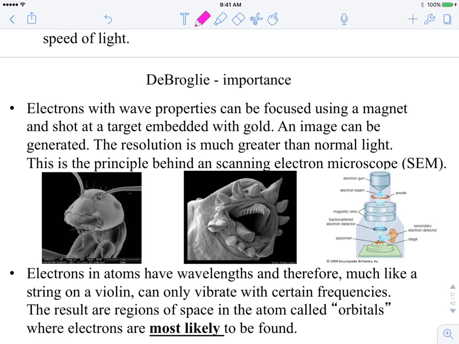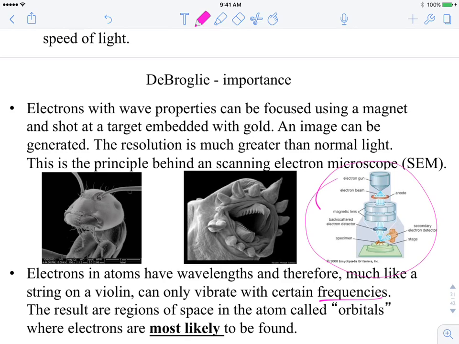Now these electrons are being manipulated in this device here, the electron microscope. But if we look at electrons that naturally exist in atoms, they also have wavelengths because they're moving with a speed. And the thing about these electron wavelengths is that they can only vibrate with certain frequencies.